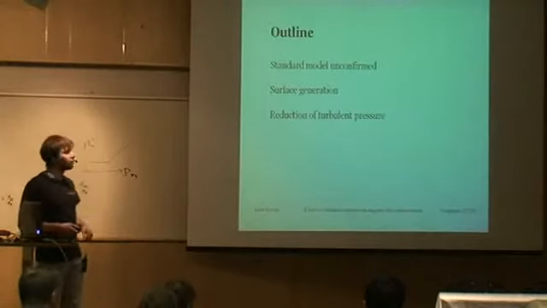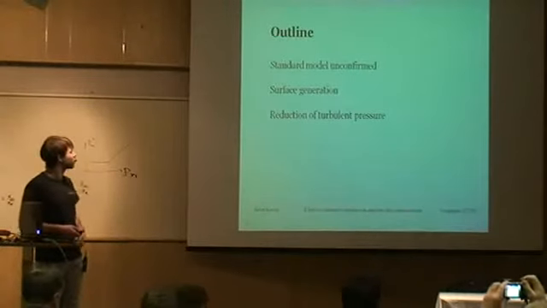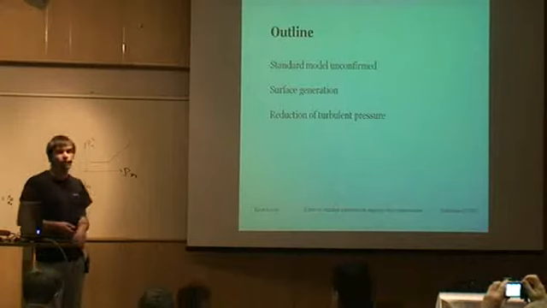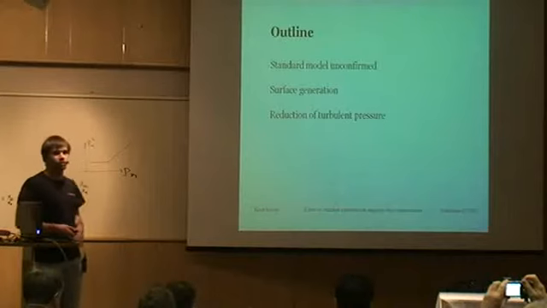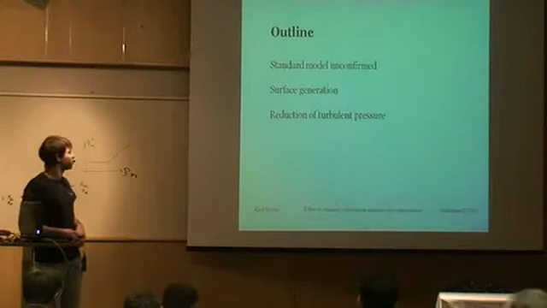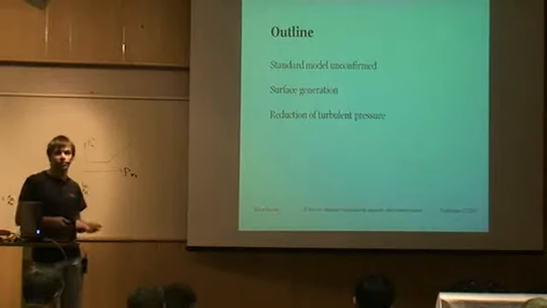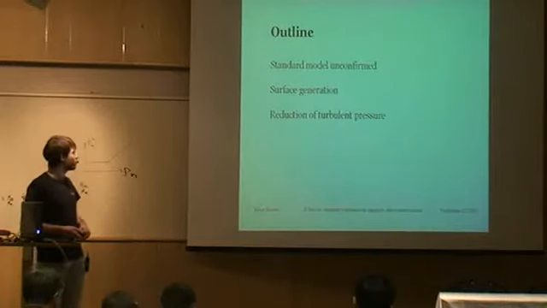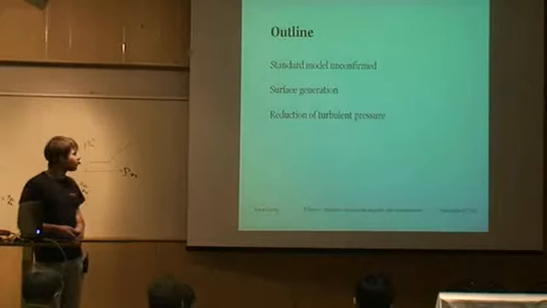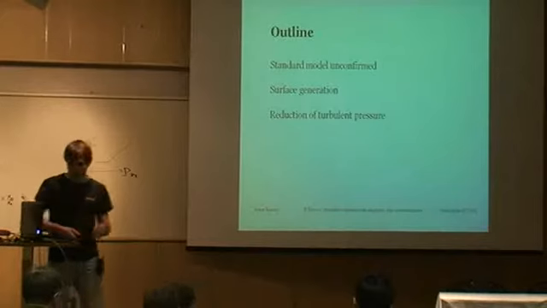So I will just give a brief outline why actually this is not understood from basic physics. I will give a few alternatives which people have come up with, and will then focus on how we are trying to solve the problem.